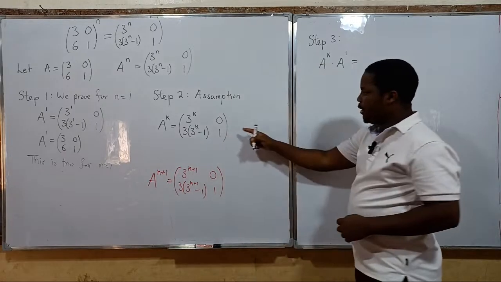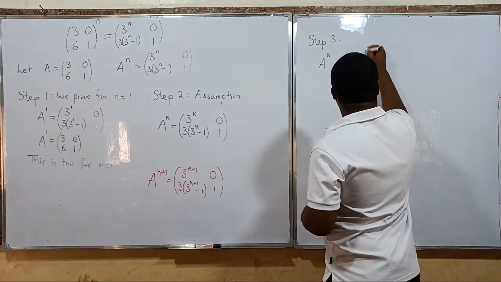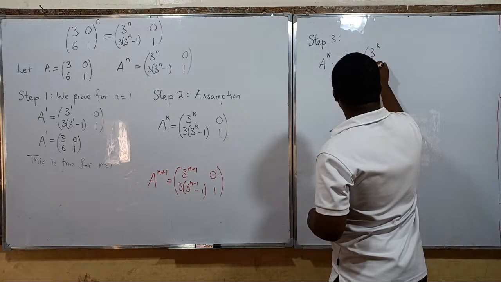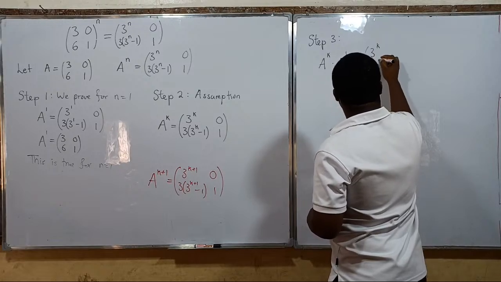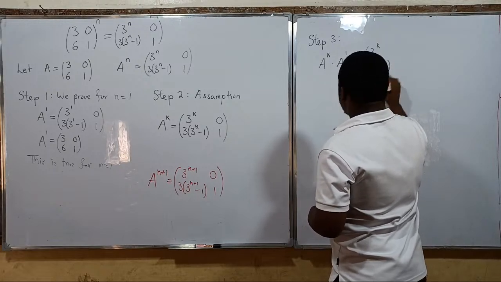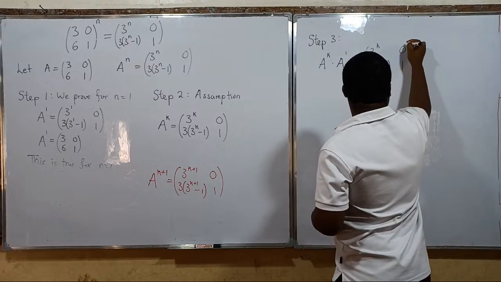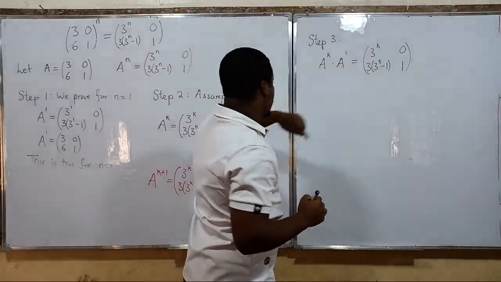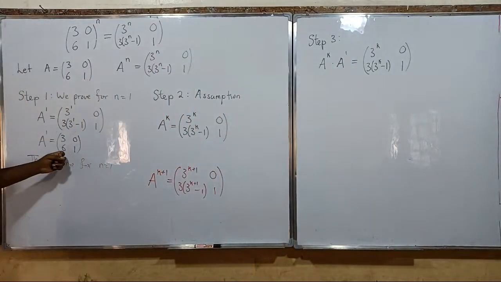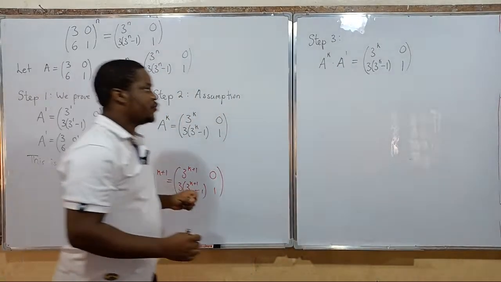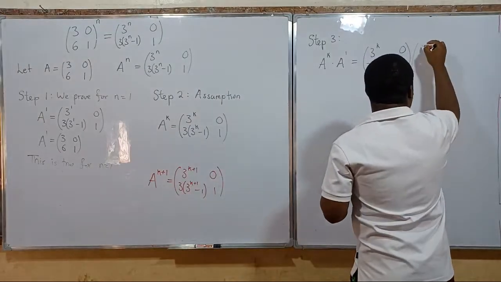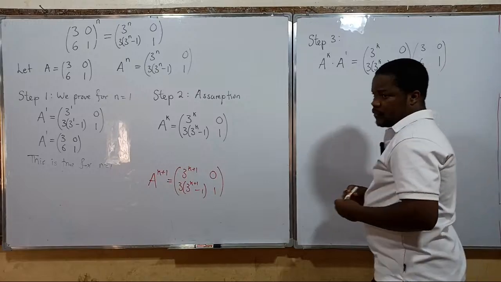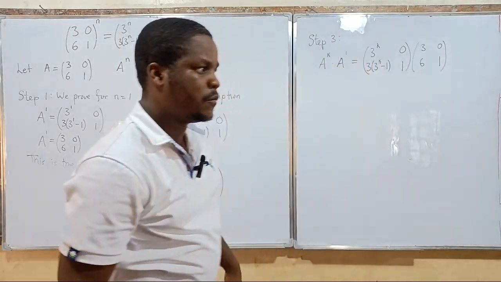A to the power k comes from the assumption, which is 3 to the k, 3 open bracket 3 to the k minus 1, 1, 0. That's the assumption, A to the k. Then we have A to the 1, which we had from step 1: 3, 6, 0, 1. So this is just matrix multiplication now.